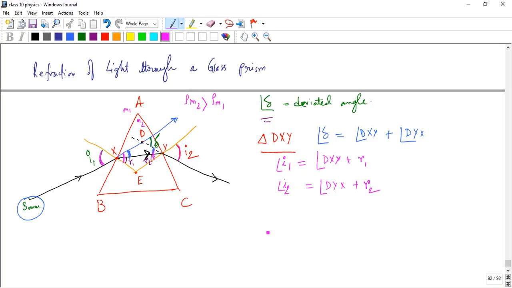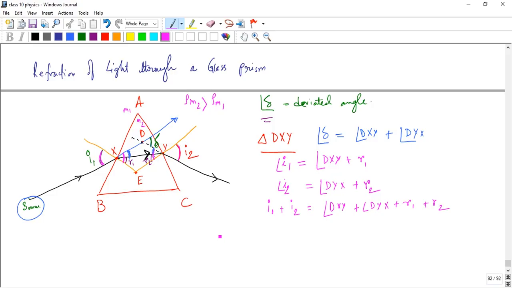If I add I1 plus I2, we get DXY plus DYX plus R1 plus R2.